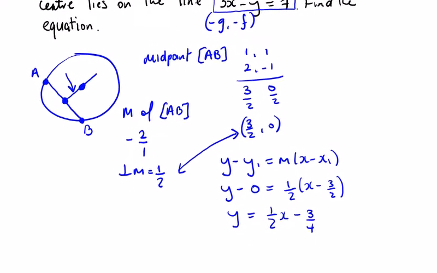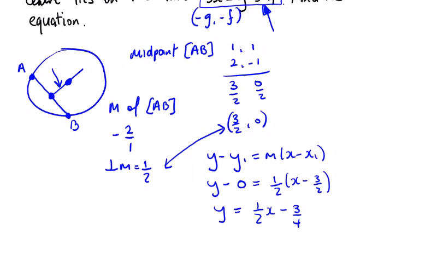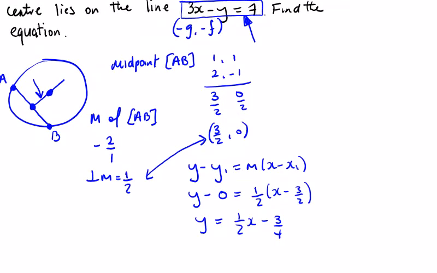We want y on its own actually, but if I leave it as a positive y, I'll say minus a half x plus y is equal to minus 3 over 4. I've just moved the x to the left.